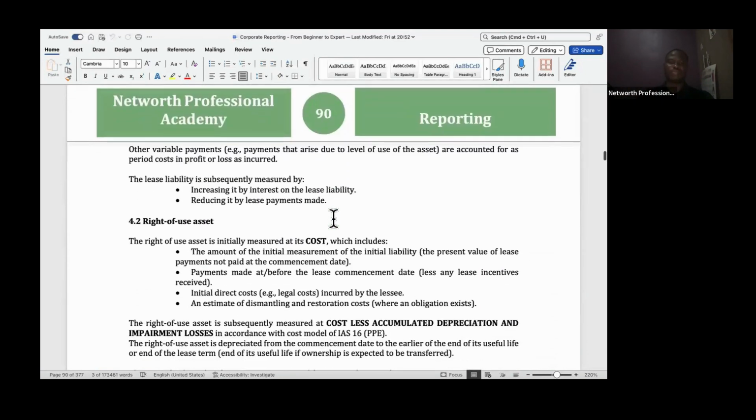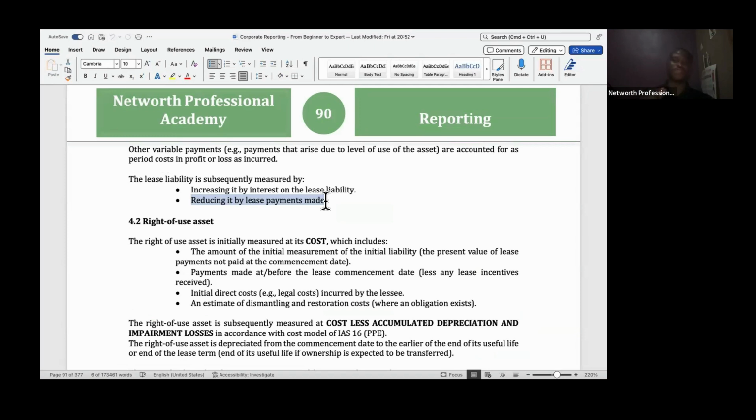At the end of the year, you would increase this liability with interest, and reduce it with lease payments. From the questions we solved last week, you would see that the order of adjusting the lease liability at the end of the year depends on when the lease rental is paid.